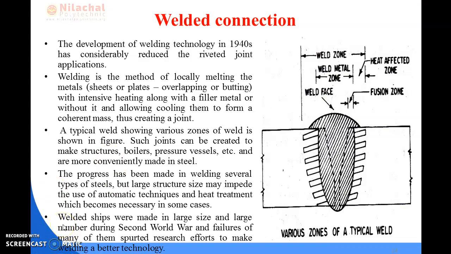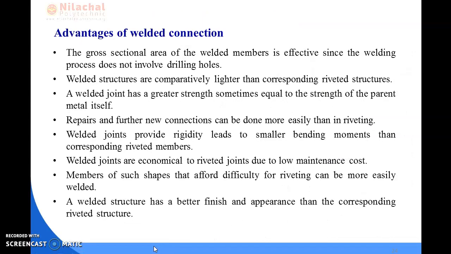And welded shapes were made in large size and large number during the Second World War, and failures of many of them spurred research effort to make welding a better technology. So next one is, what are the advantages and disadvantages of the welded connection?